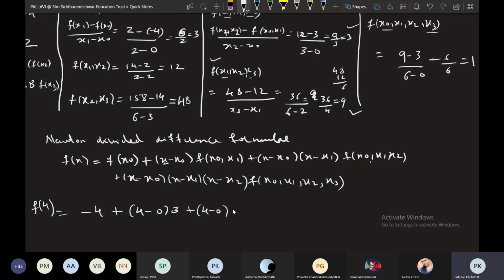Plus again 4 minus 0, then 4 minus x1, which is 2. What is the second difference we have got? 3.